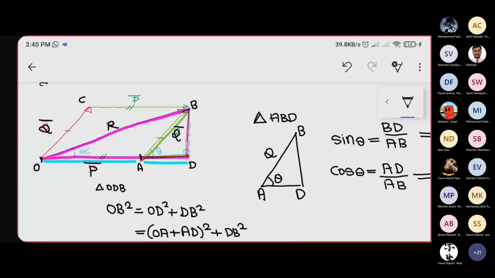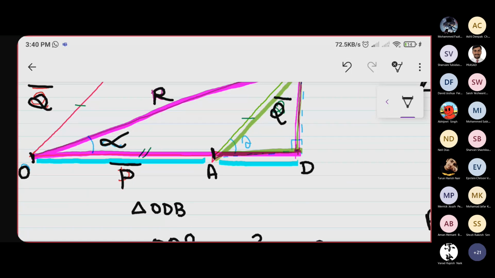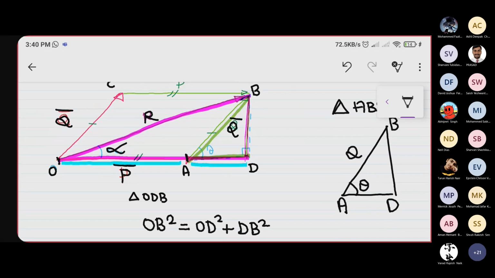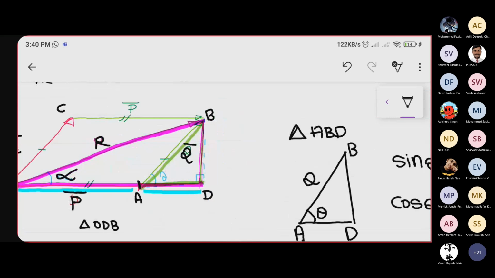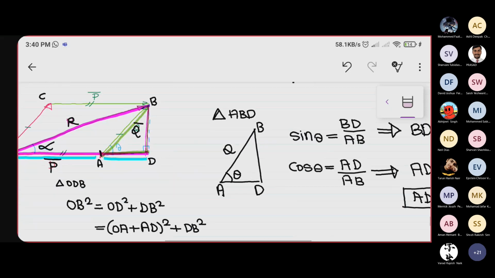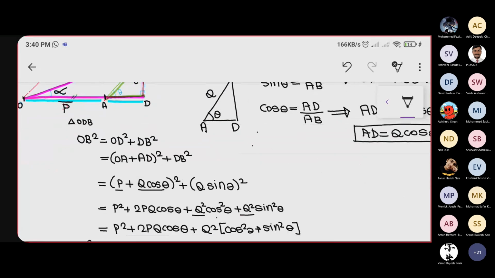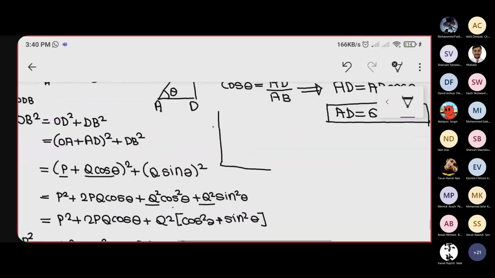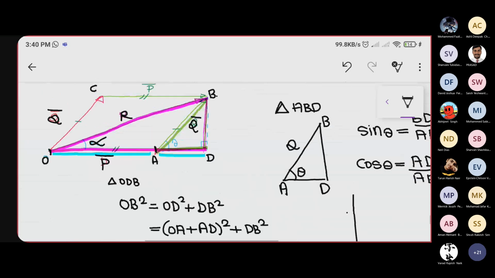So this angle, whatever angle it is, is alpha. Okay. So what is tan alpha? If I consider triangle OBD, then I will not write here, it will be more confusion for you. So tan alpha is equal to, just see the triangle.